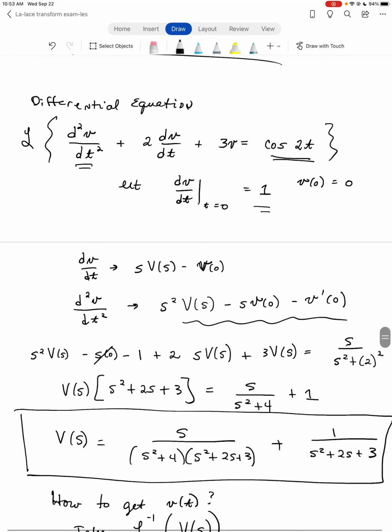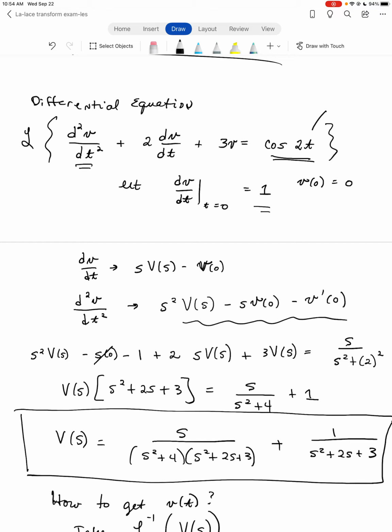If you want to know what we're modeling here, this second order differential equation would model the voltage across the load of an RLC circuit that is excited with a sinusoidal source.